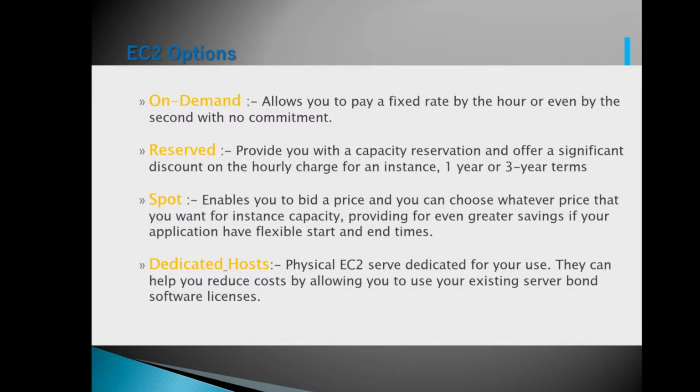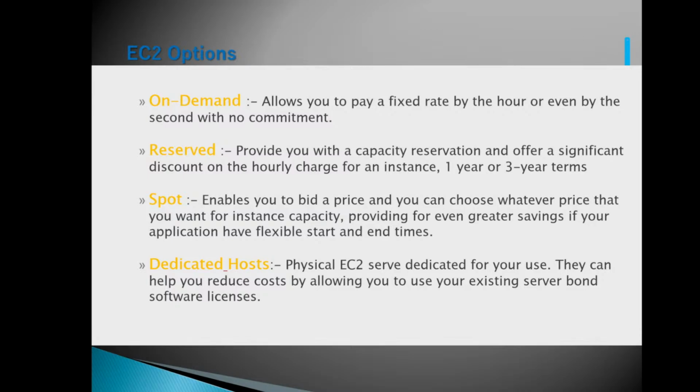Then spot instances. Basically, spot instances are EC2 machines on which you can bid some amount. It's similar to on demand, but you can bid your amount. If you don't want to go with the on demand prices, you want discounted prices, and you require the features of on demand, then you can use spot instance.